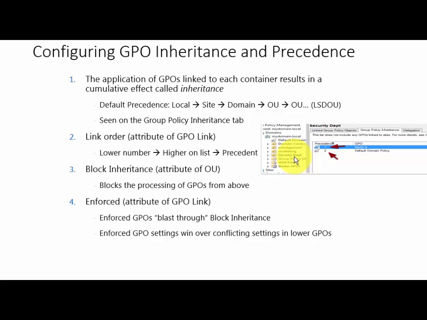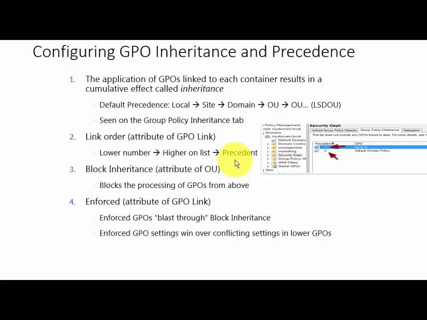But within this, if you have two exactly conflicting policies linked to one OU, then what does it say? The lower number, higher on the list, takes precedence. The lowest number, which is 1.